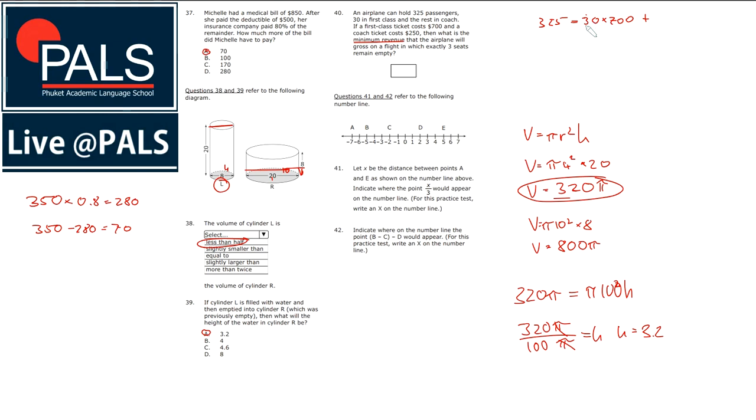So 3 first class seats, so we have 27 times 700 plus, and then the remaining seats are 325 minus 30 is 295, so 295 times 250. And if we type that into the calculator, that will give us $92,650.